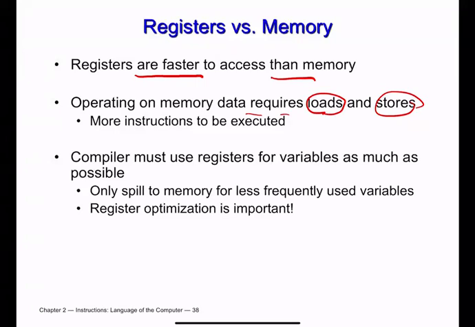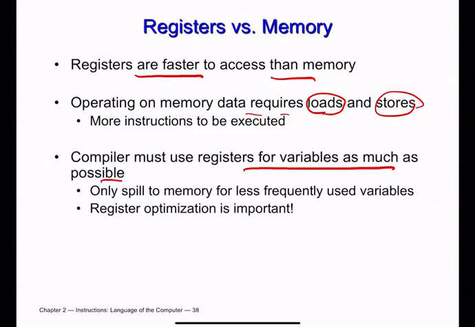Also, the compiler must use registers for variables as much as possible. Basically, the reason behind that, as we explained, is that I would like to access things that are much faster than the others. The memory is a little bit further away from the CPU and the access time is extremely higher compared to the register. So I would prefer that all my variables be inside the registers, which is not always the case.